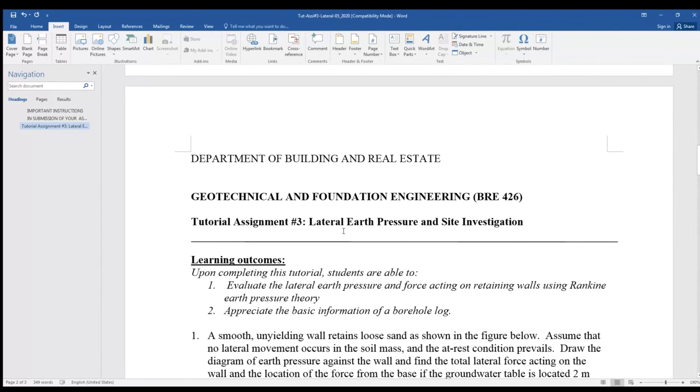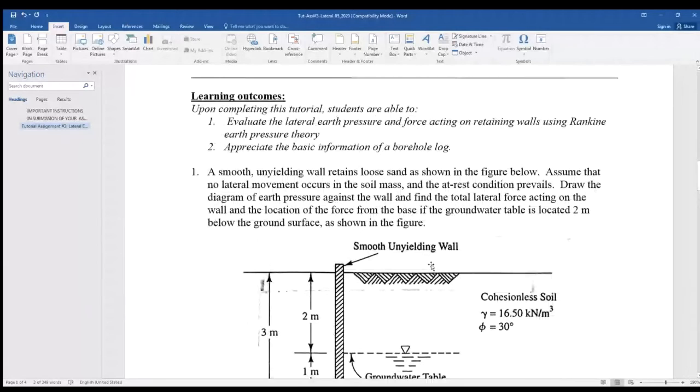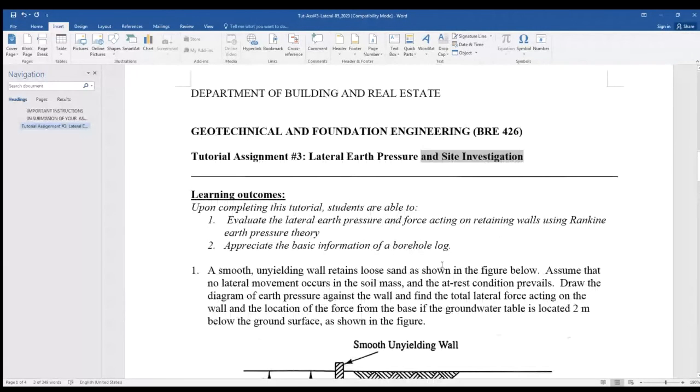Now the topic is on lateral earth pressure, but forget the site investigation. We purposely pick up question 4, right? So you need only do 3 questions for this assignment. There will be no question set on the site investigation.